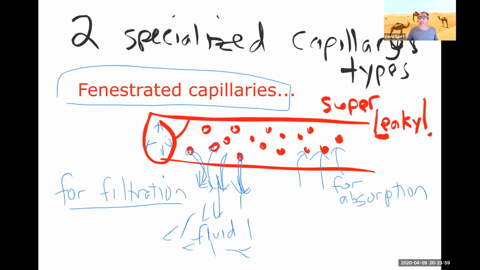But the big stuff, like the coffee grounds, stay behind the filter. The blood cells and large proteins stay in the vessel, even though the water and very small dissolved things are managing to leak out. So fenestrated capillaries. We're going to see these again as a key player in the kidneys at the beginning of the nephron, where you're creating this filtrate to help process the blood. So we'll meet these again.